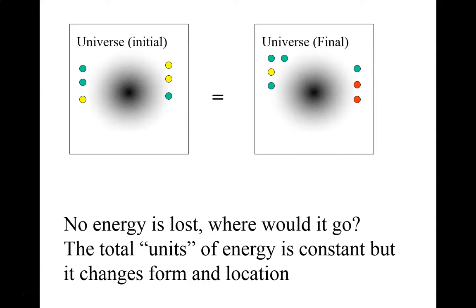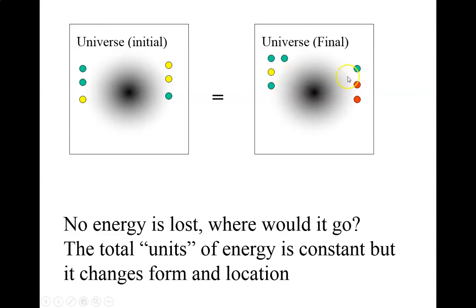That's not a lie. Energy is conserved, but we may have to consider the total universe, not just our system, as what we're looking at. So if this is my initial universe, I've got 3 units of potential and 3 units of kinetic energy. After something happens, I might convert some of those kinetic or potential energy units into heat, but again, it shows up somewhere.